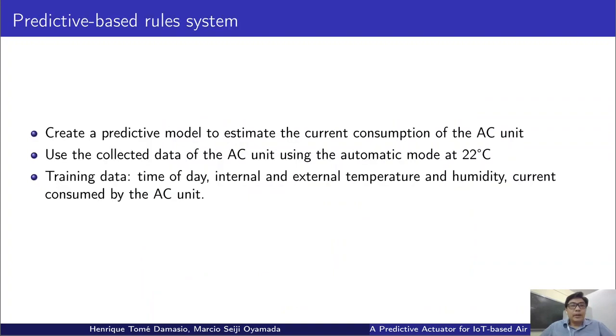The predictive actuator uses a predictive model to estimate the current consumption of the air conditioner. To create the predictive model, we use the data collected from the air conditioner unit using the automatic mode. The training data uses the time of day, internal and external temperature, and the humidity, and also the collected current consumption of the AC unit.